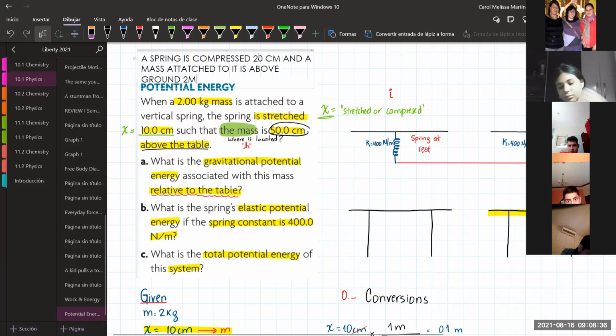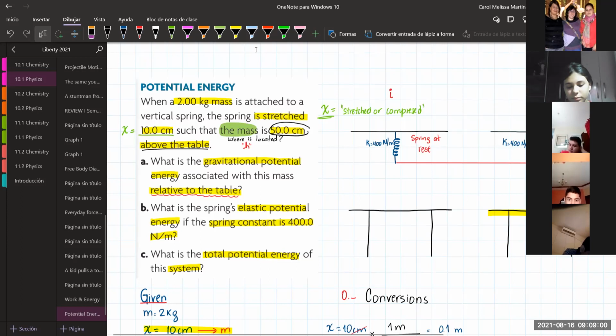X will be 20 centimeters and H will be 2 meters. Exactly. So one is related to position and the other one is related to elasticity. That's how you recognize the two values.